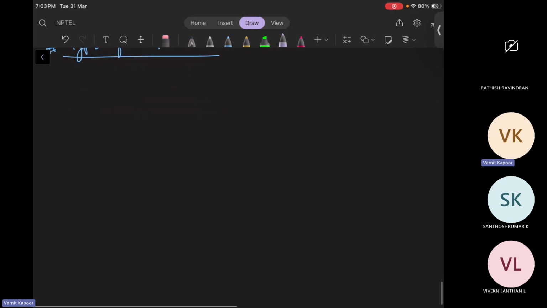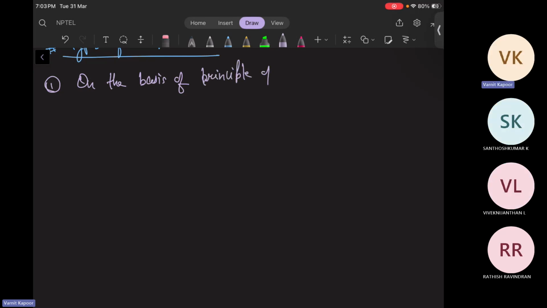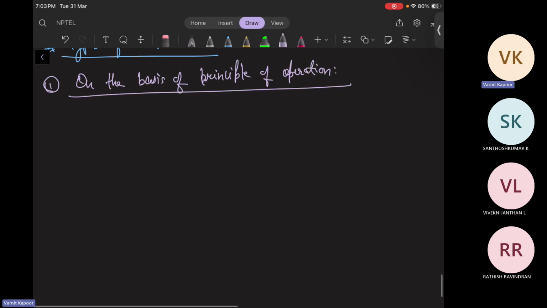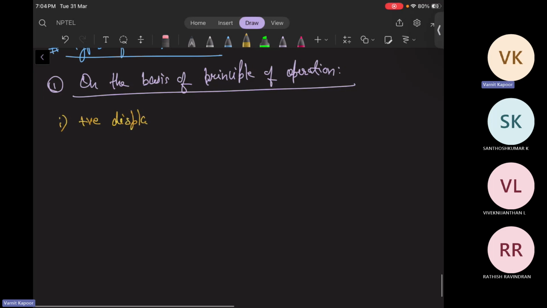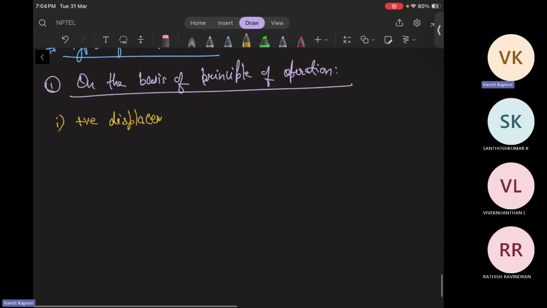First one, categorized on the basis of principle of operation. So here, the first one is positive displacement compressor.